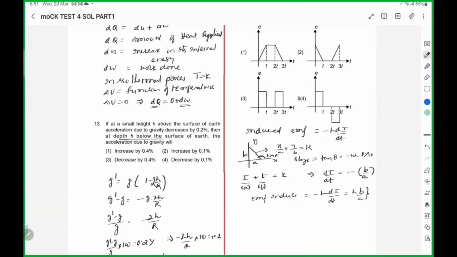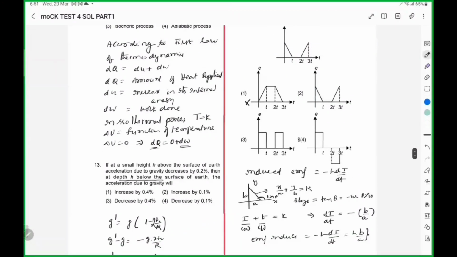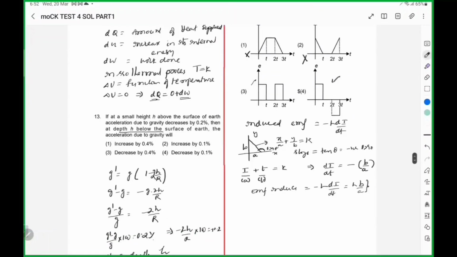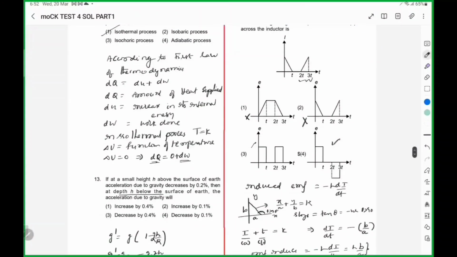So here in the fourth graph, EMF is positive. In the third, here induced EMF is varying. This can't be the answer. Here also it can't be the answer. Here EMF induced is constant, maybe this or maybe this. But among these two, which one is correct, we have to observe another part of the graph.